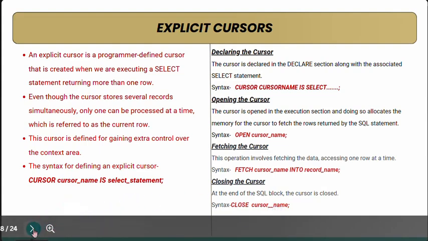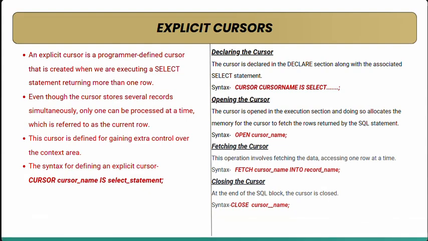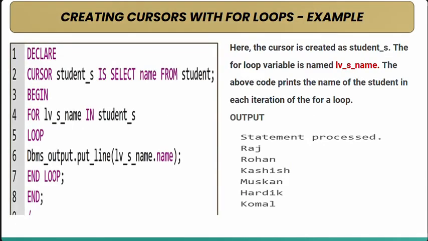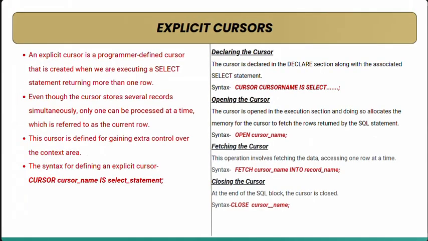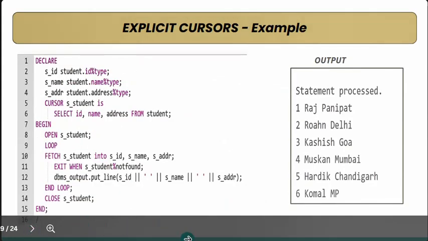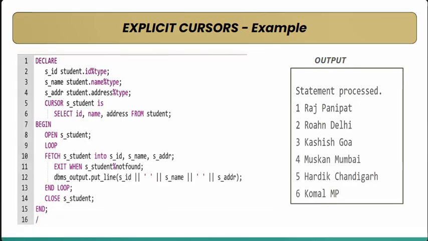Let's see an example for this explicit cursor. Here we are using the student table. The student table contains the name of the student, student ID, and address of the student.